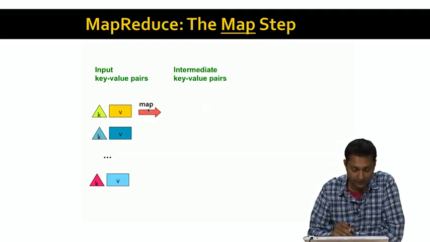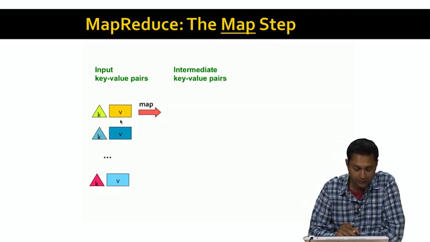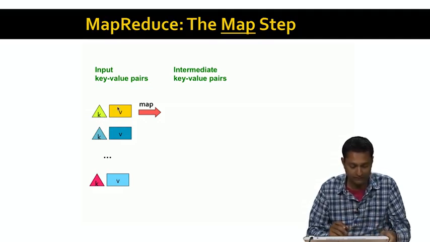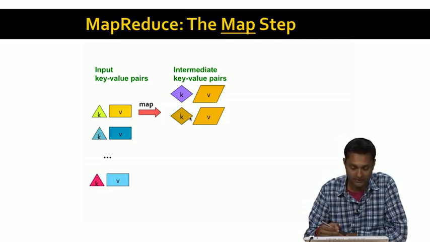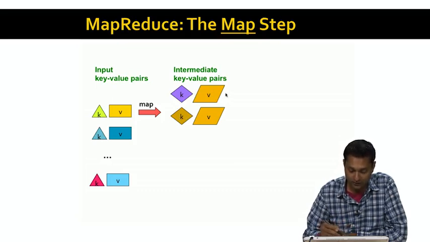So for example, you run the map on the first key value pair here, K, V, and it actually outputs two intermediate key value pairs. And the intermediate key value pairs need not have the same key as the input key value pair. They could be different keys, and there could be multiple of them. And the values, although they look the same here, they both say V, the values could be different as well.